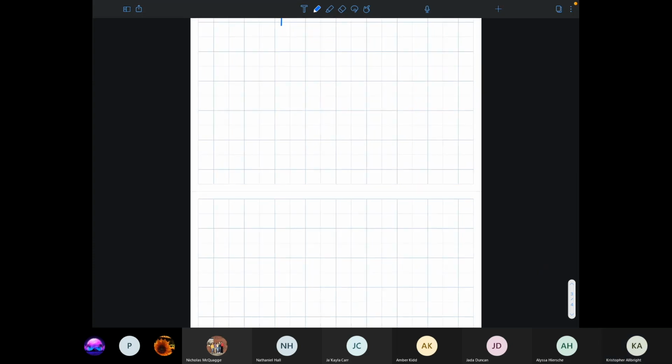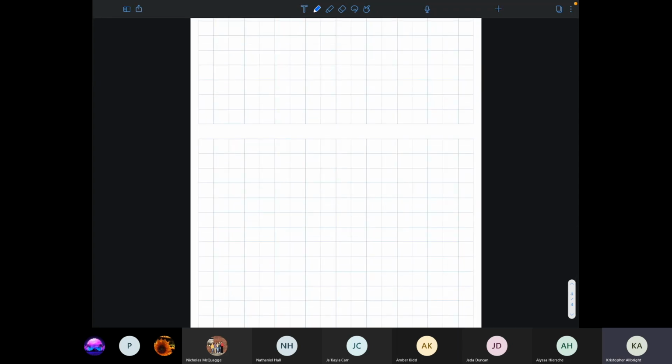I need this. Okay, so for stretch, most of this is going to be finding it the same way, but we need to go over vertex form before we actually do the problems.